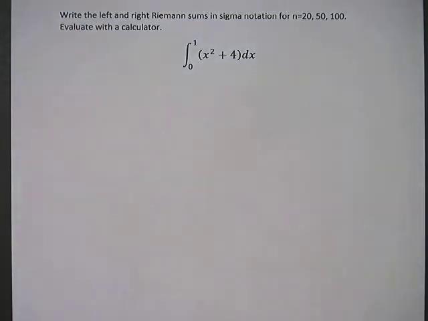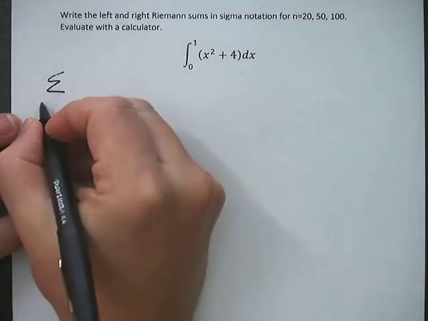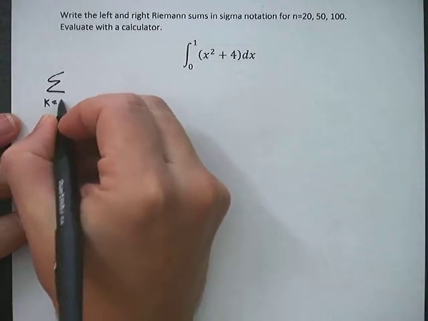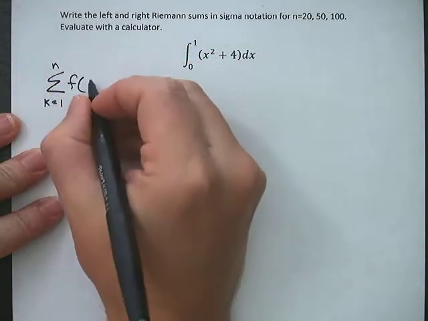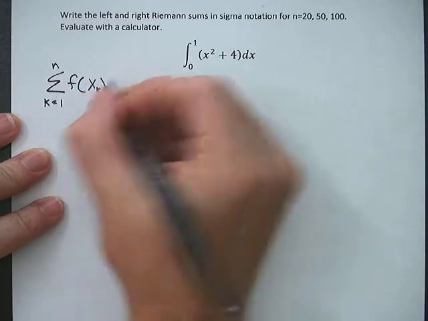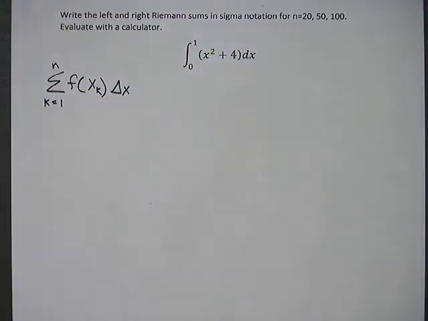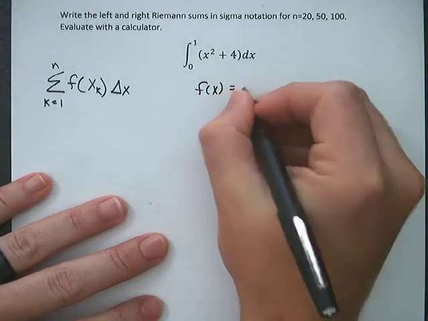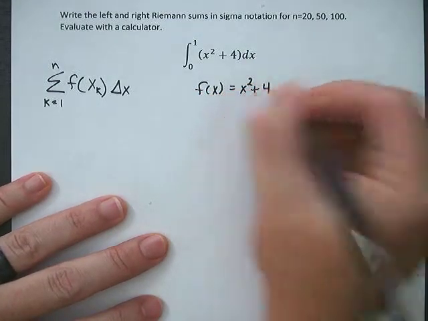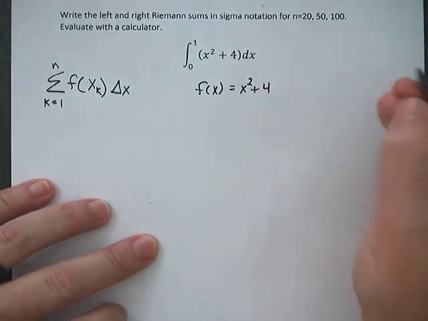Okay, so the Riemann sum formula is the sum from k equals 1 to n of f of x sub k times delta x. Now our function here is f of x equals x squared plus 4, and for our first one we have n equals 20.